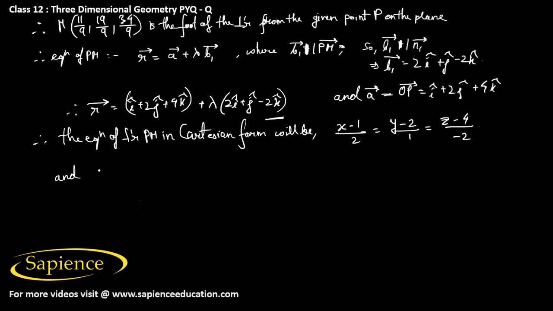And the length of the perpendicular PM will be the square root of, so it is the mod of PM vector actually.